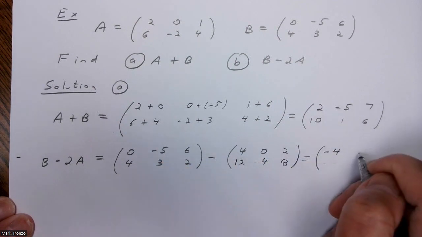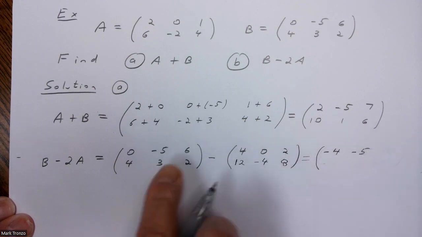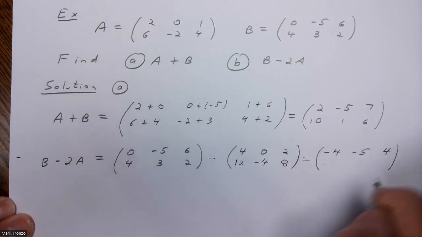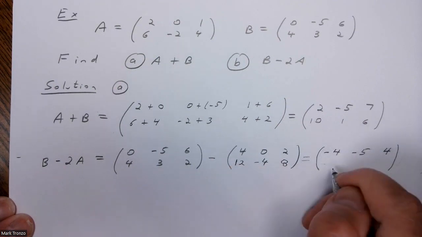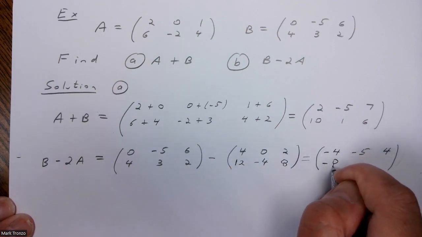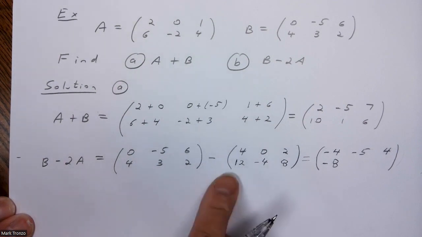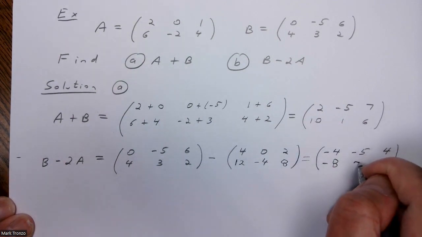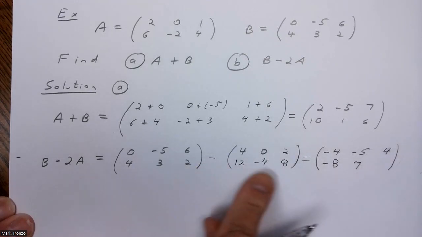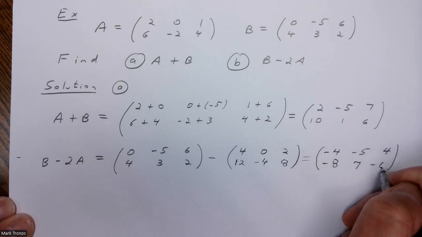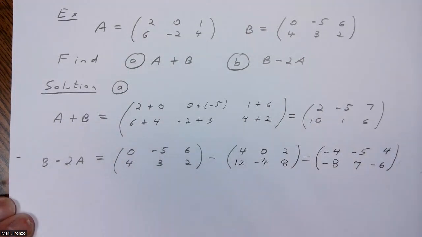Minus 5 minus 0 is minus 5. 6 minus 2 is 4. 4 minus 12 is minus 8. 3 minus a minus 4 is the same as 3 plus 4, which is 7. 2 minus 8 is going to give us minus 6, like this. And there you have it.